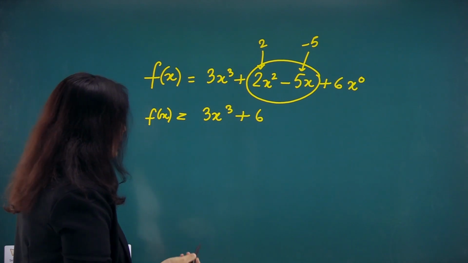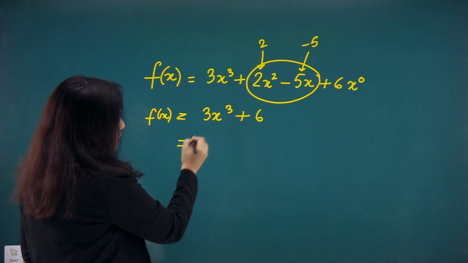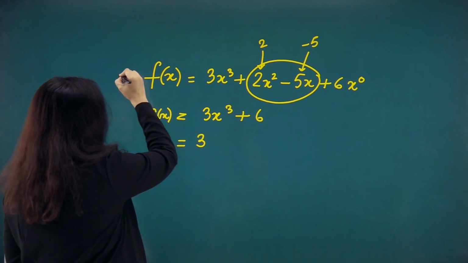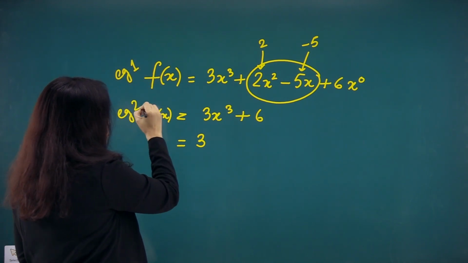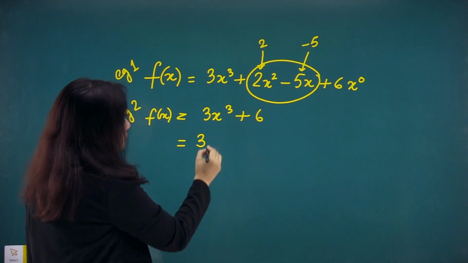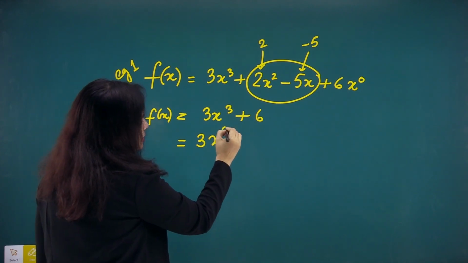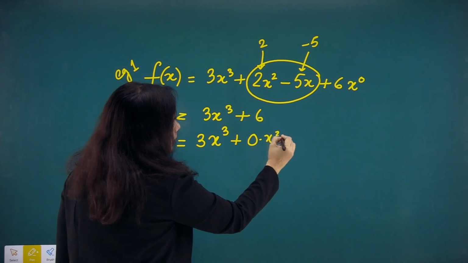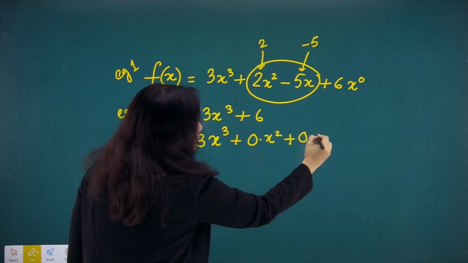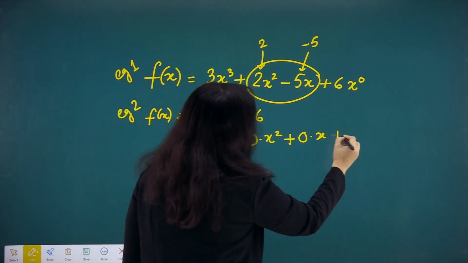This is example 1 and this is example 2. If I rewrite the second example, I may write it as 3x cube plus 0 into x square plus 0 into x plus 6.